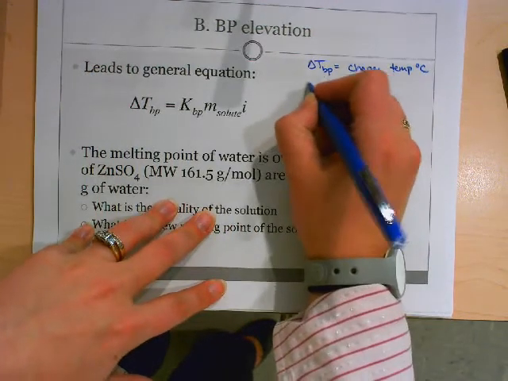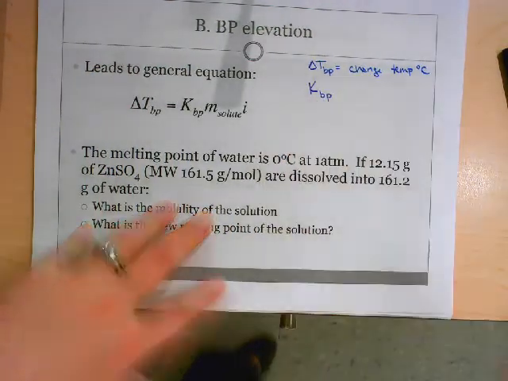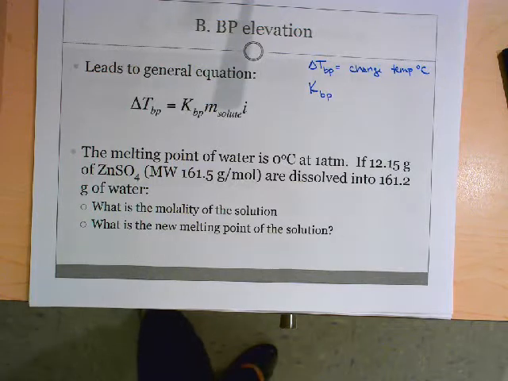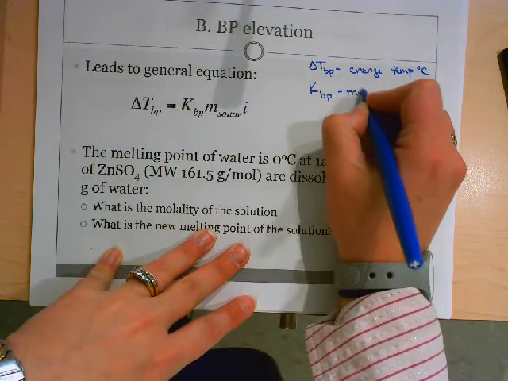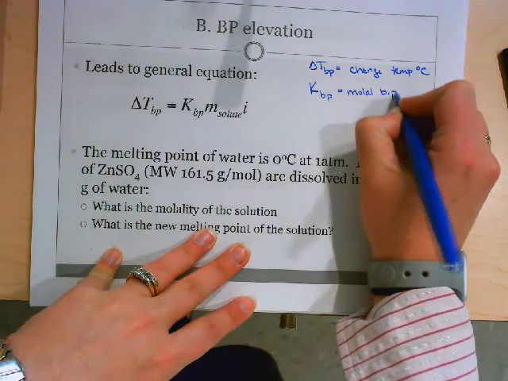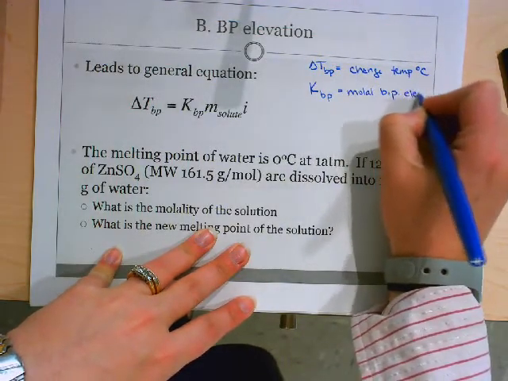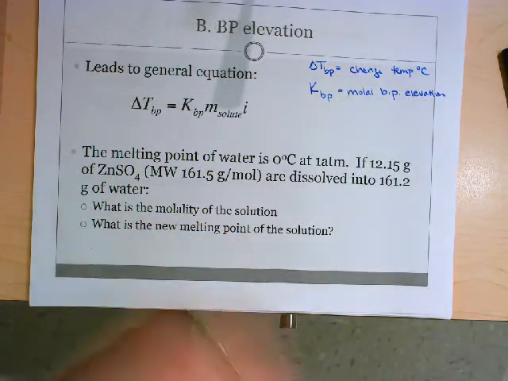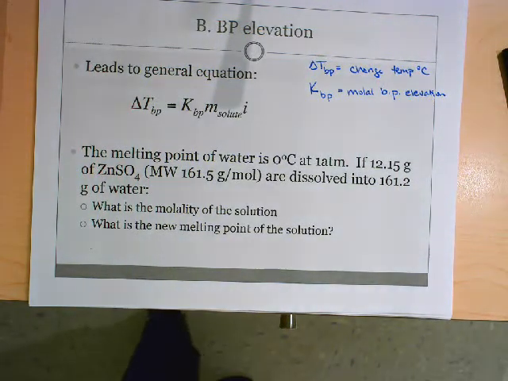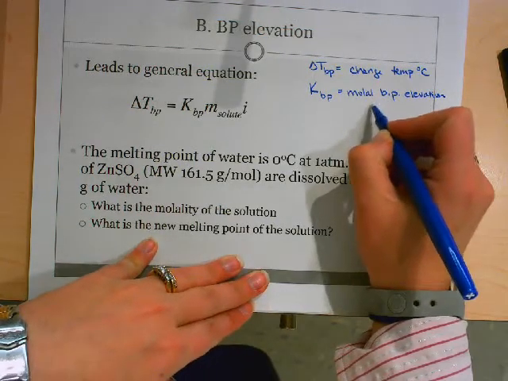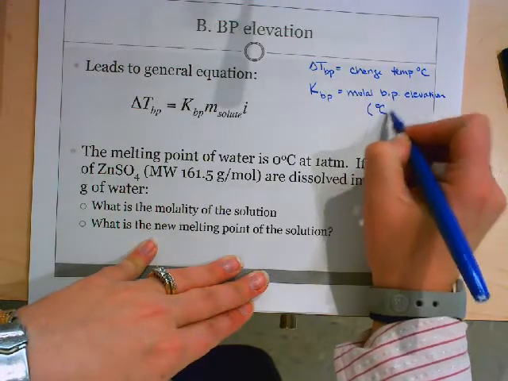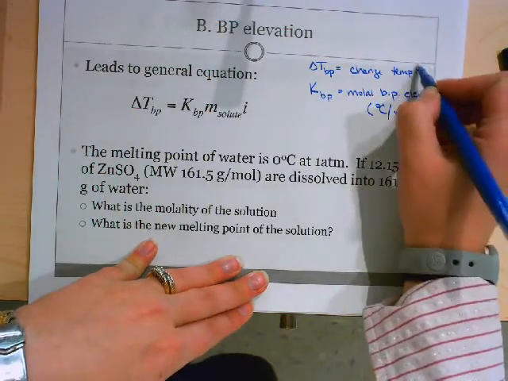We have this constant K, which is called the molal boiling point elevation, and it is a known number. And that's in degrees Celsius per molal.